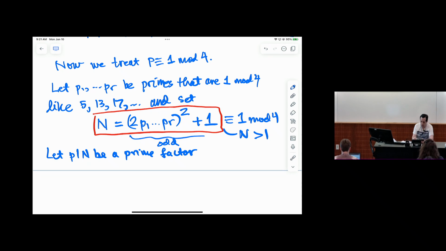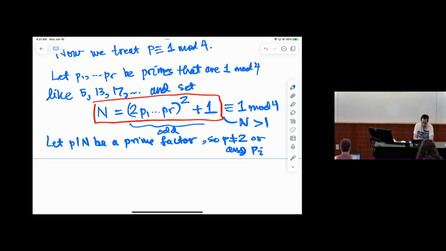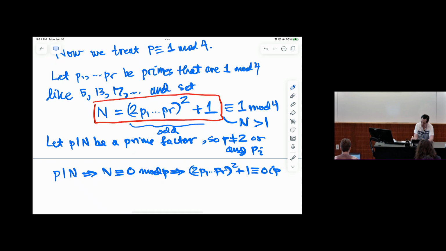necessarily the prime factor is not 2 or any p_i. And when I say p divides n, so n is 0 mod p, from the definition of n, this expression squared plus 1 is 0 mod p.